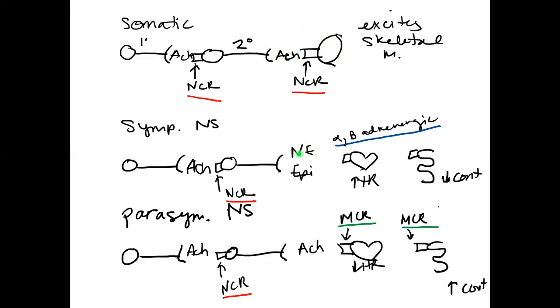For sympathetic nervous system, it's norepi and epi binding to adrenergic receptors. We can put alpha and beta adrenergic receptors. When norepi and epi bind to adrenergic receptors on the heart, what does it do for heart? It's going to increase heart rate and force of contraction. When norepi and epi bind to your GI tract, it's going to slow it down.